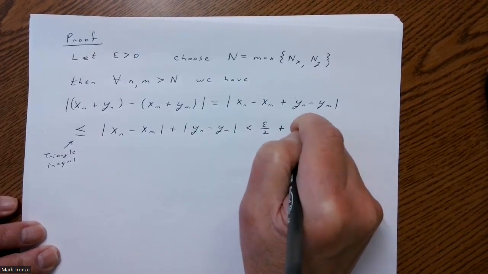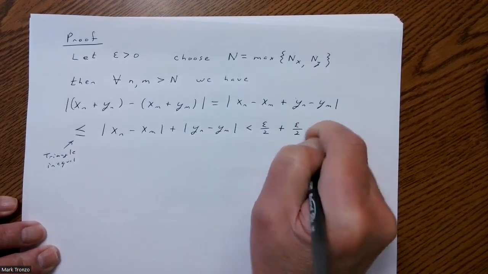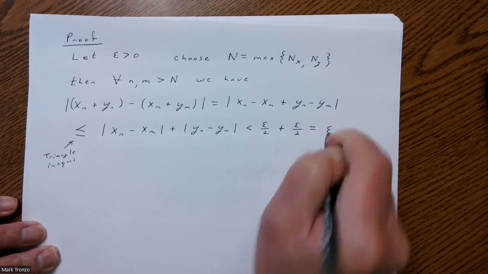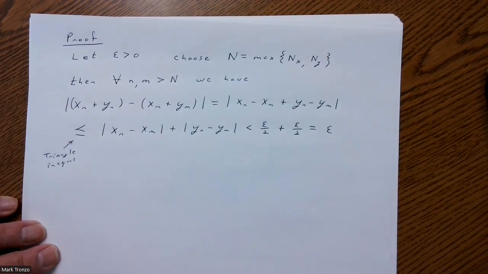This one's less than epsilon over 2, which equals epsilon, which is what we want to show.